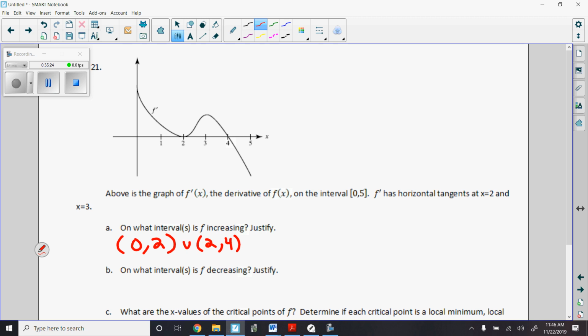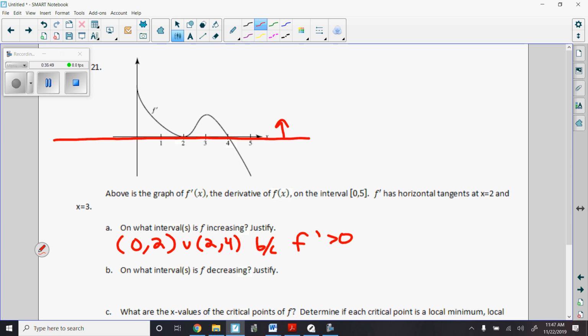And the reason I chose those is because I know my definitions and I know my justification. Because that's where f prime is greater than 0. Those are my positive regions, right? Positive is anything above here. That graph will be positive, and the graph is of f prime, so that's where f prime is positive.